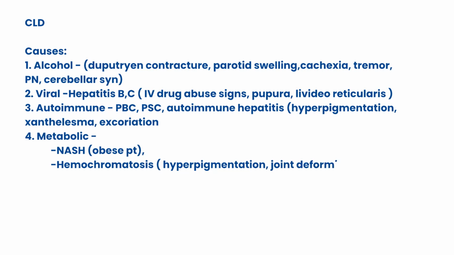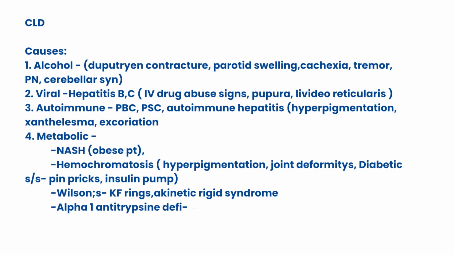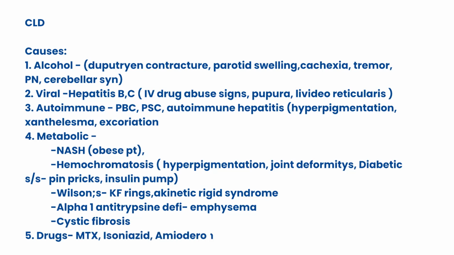The signs of chronic alcohol abuse can be Dupuytren's contractures, parotid swelling, cachexia, tremors, peripheral neuropathy, and cerebellar syndrome. For the viral causes, most commonly hepatitis B and C, usually suggested by IV drug abuse signs like tram-track appearances on the forearms, purpura, and livedo reticularis.